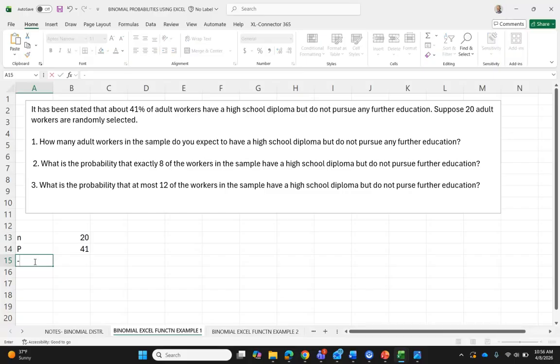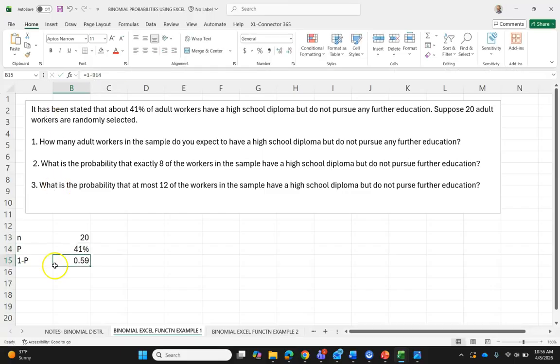We take 1 minus probability of success, which means we put an equal sign and type 1 minus 41%. Put equal sign there, and then type 1 minus probability of success, which is 41%. I'll change that number, so enter. Now I'm going to make this 41%.